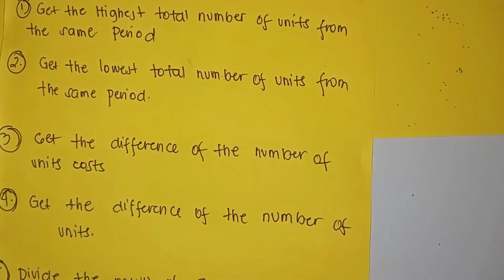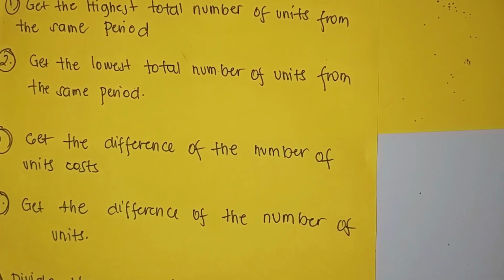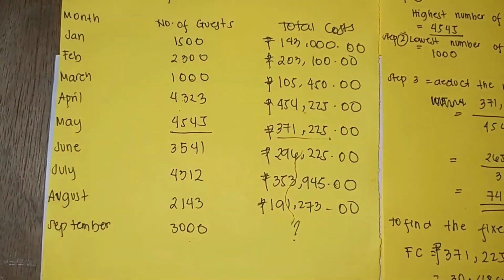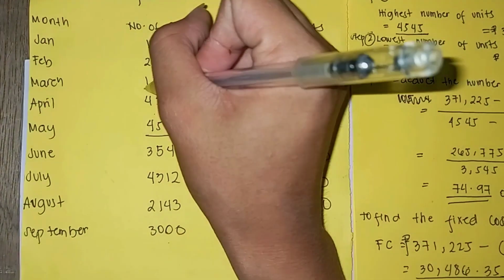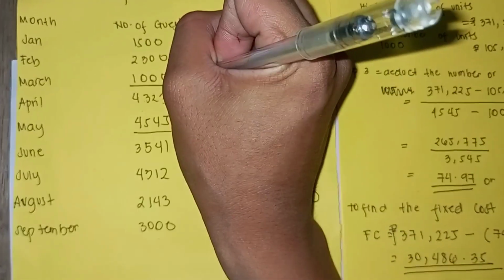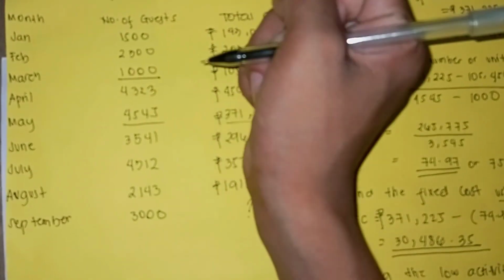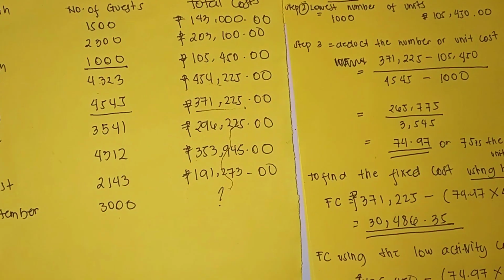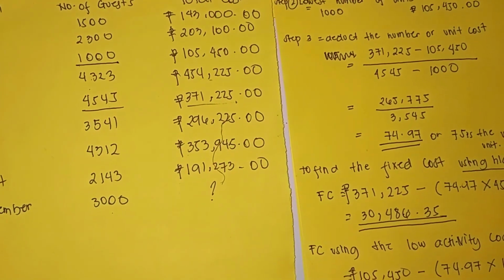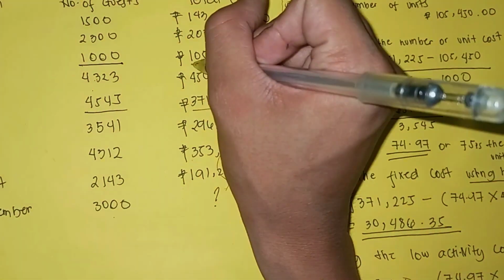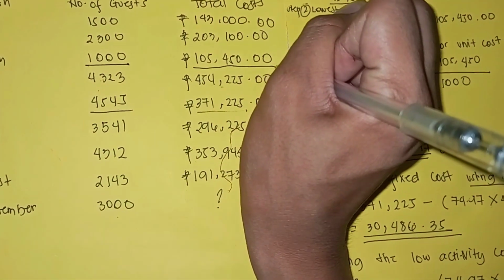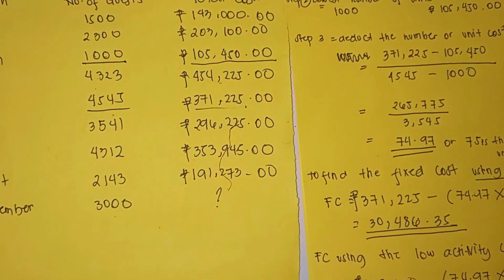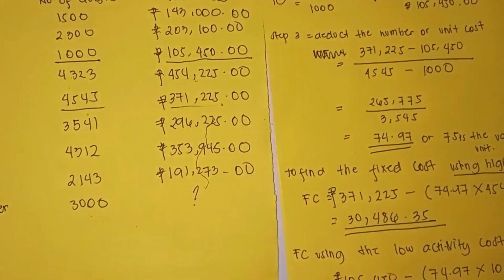So step number 2 is to get the lowest total number of units from the same period. So in this period, as we can see, March has the lowest number of units produced, 1,000, with a corresponding total cost of 105,450 pesos.